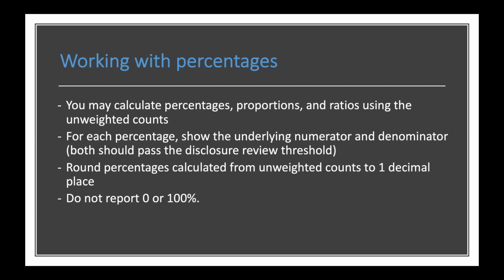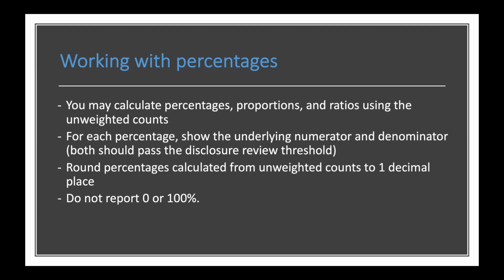And if you were exporting percentages numerically as opposed to graphically, then you would just need to provide the individual counts within the numerator and denominator, as well as the institution counts for the numerator and denominator.